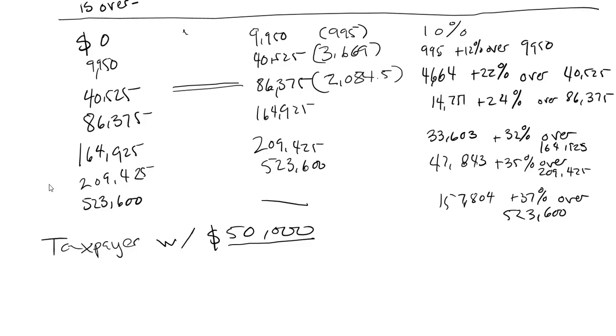This is a bracket, this is a bracket, that's a bracket, and then the topmost bracket is 37%. That doesn't mean you pay 37% on all of your income. It means you pay 37% on income over $523,600 for that tax year.